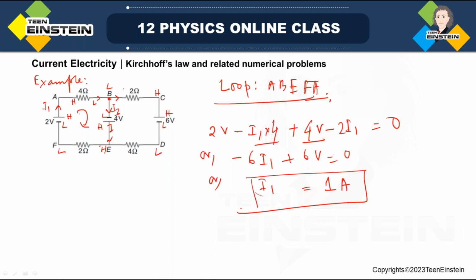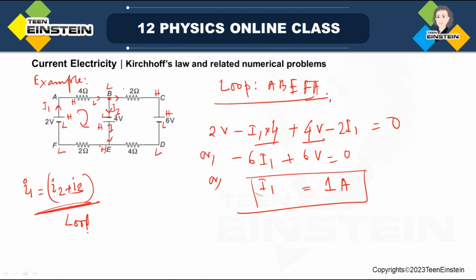So I1 we are getting from loop 1 itself. Now look, there is another formula, not a formula, this is I1 is equal to I2 plus I3. Okay, so from loop 1 we have got the current I1.